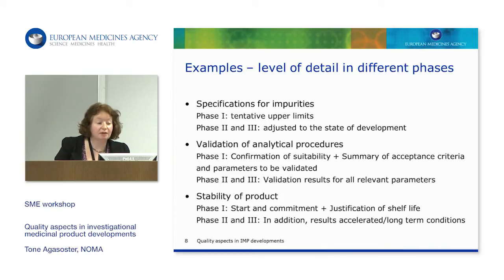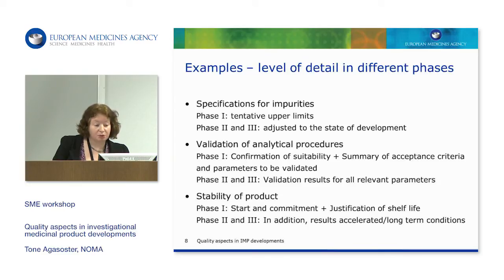I will now come to the examples, and I will start with examples where the level of detail is different in different phases in the European guideline. Regarding specifications for impurities, for phase 1, it's only requested to have tentative upper limits.